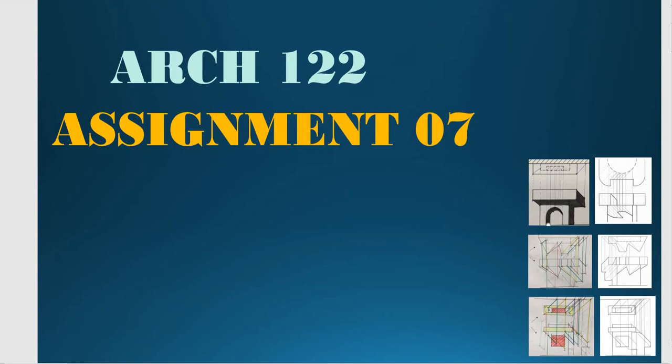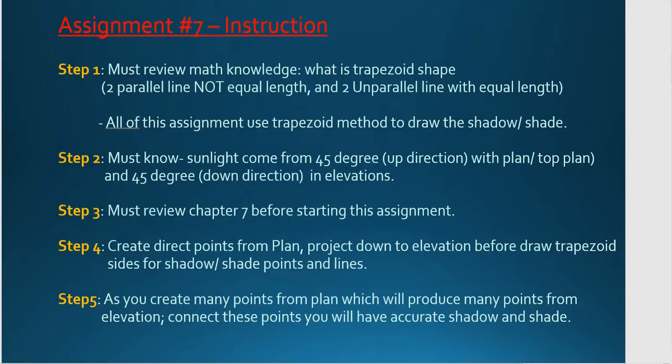Okay, so first of all, I need you to read chapter 7 before you start, and we have many steps to continue. The first one, I need you to know a little bit about the math and what the trapezoid shape is.